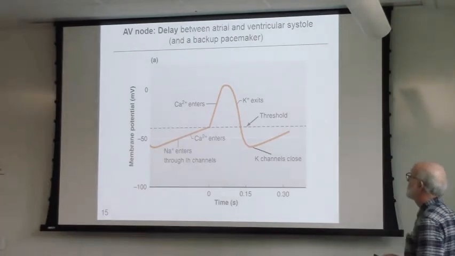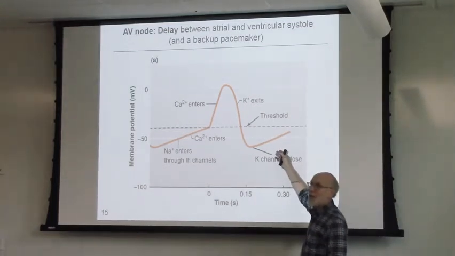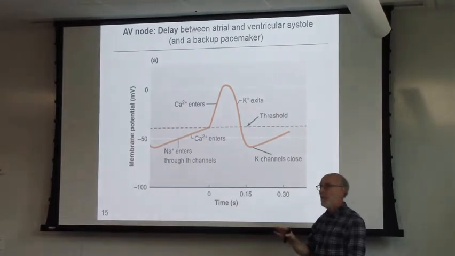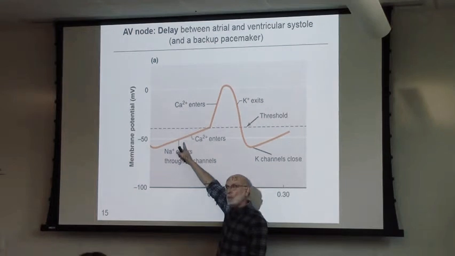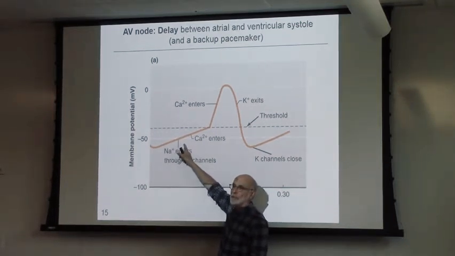The action potentials in the AV node look just like the action potentials in the SA node, with one major exception: their pacemaker depolarization is super slow. Why is that good for us? Do we want to have two pacemakers? No, we only want one pacemaker.